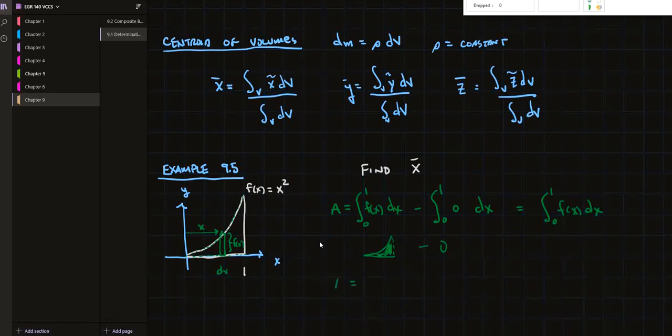And this equals the integral from 0 to 1. Well, f of x is equal to x squared, so I write this as a function of x, and I can do this integration pretty simply then.